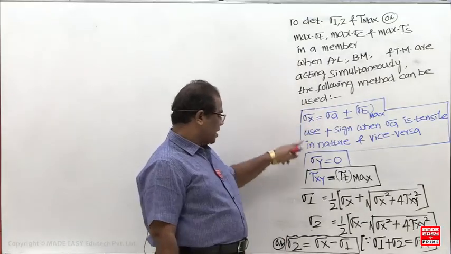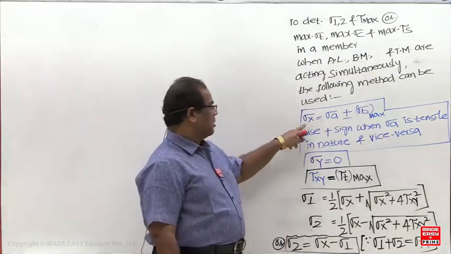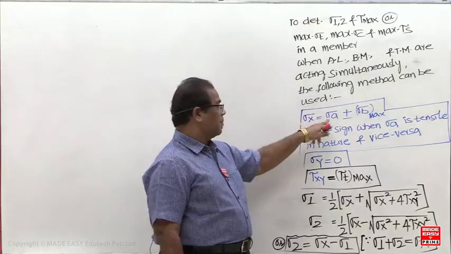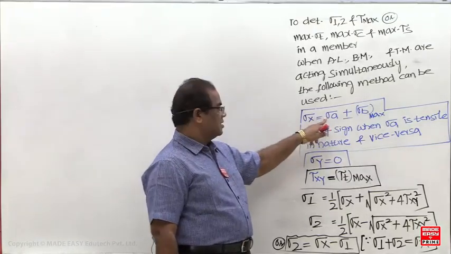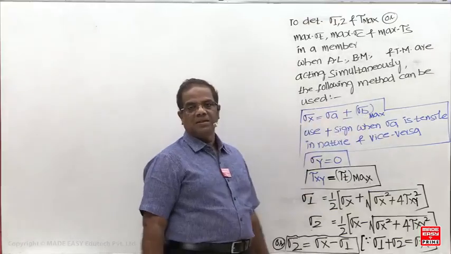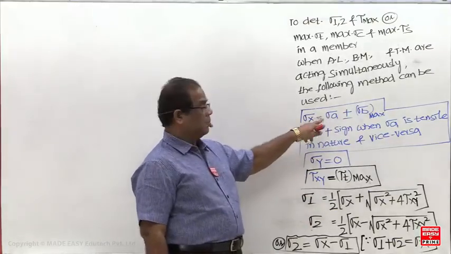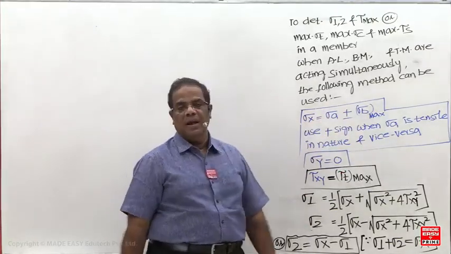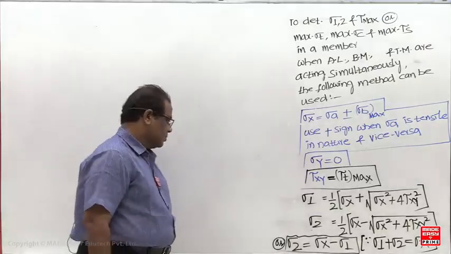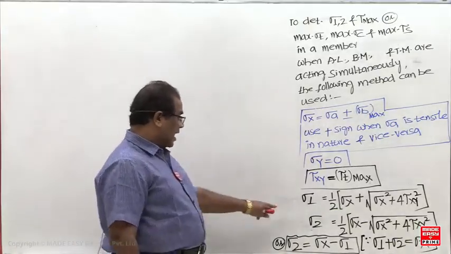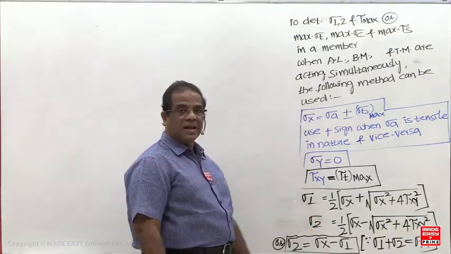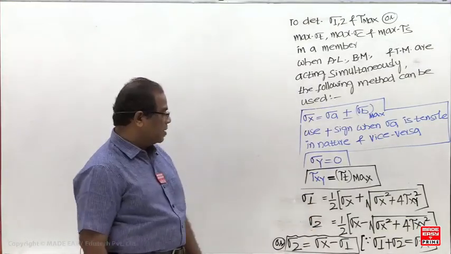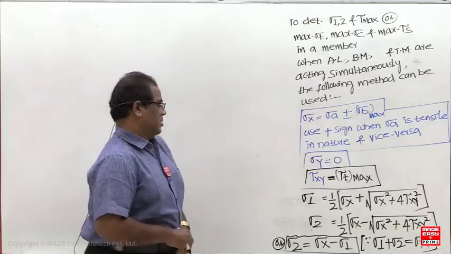If sigma x is negative, this will be negative. But sigma x is positive or negative depending upon what? The axial load. If the axial load is positive, then it is sigma a plus sigma b max. If the axial load is negative, minus sigma a and minus sigma b max will be there. So after calculation, one will be a positive value, one will be negative, obviously.